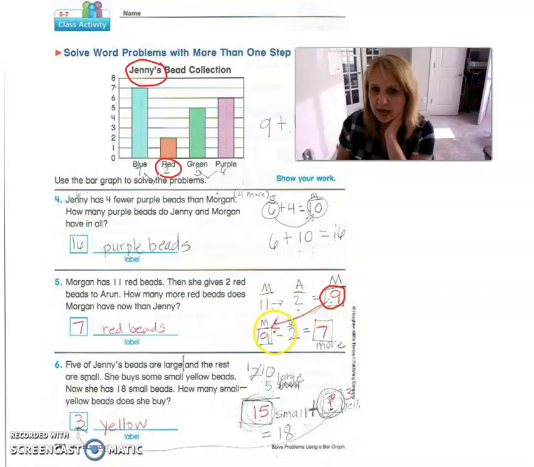So if Morgan now has 9 red beads, how many more red beads does she have than Jenny? Well, we know Jenny has 2. So 9 minus the 2 that Jenny has means that Morgan has 7 more red beads than Jenny.